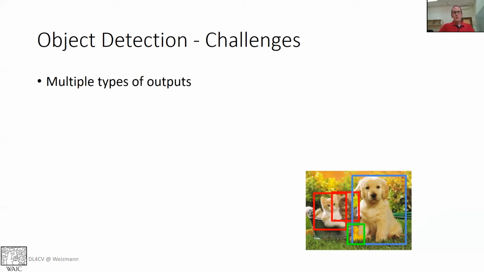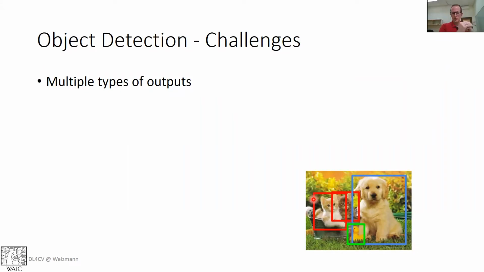First of all, we have multiple types of outputs. We are not only outputting the class of each and every one of the objects. We are not just doing classification to cat and dog and duck. We also want the bounding box as an output. So we have both discrete labels and continuous bounding boxes as the output types of the network.